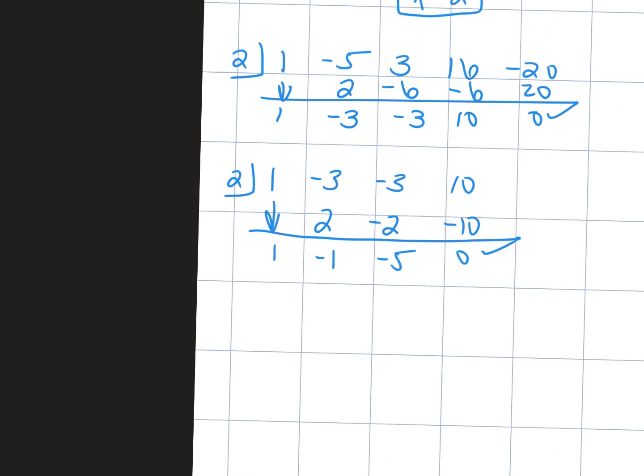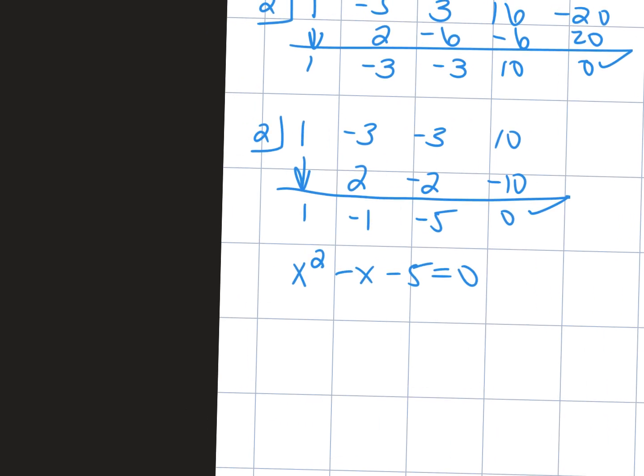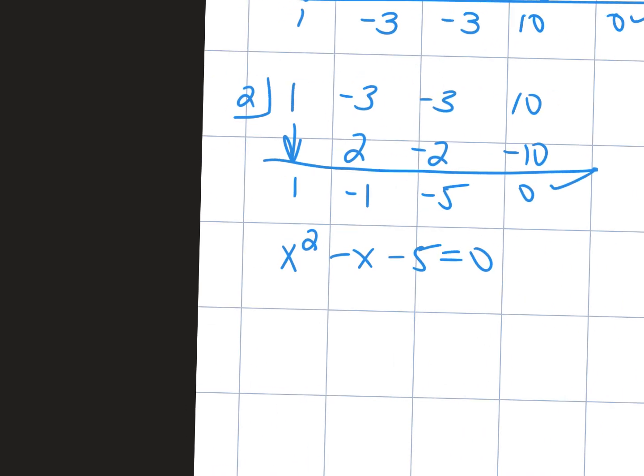So what do I do with this leftover? This is x squared minus x minus 5 equals 0. Check to see if it factors. Does it? Yes or no? So we have to use the quadratic formula. So I have -1 plus or minus the square root of -1 squared minus 4 times 1 times 5 all over 2 times 1.